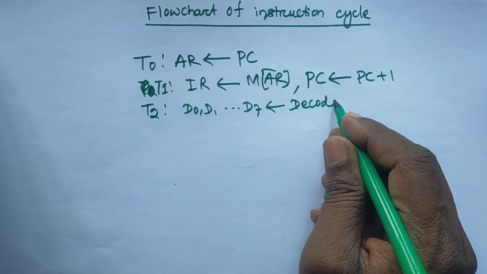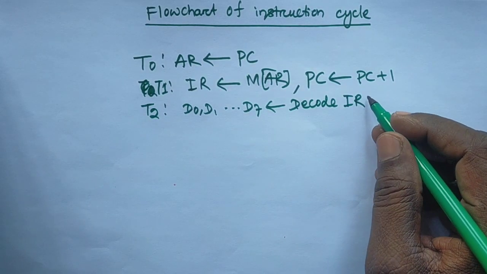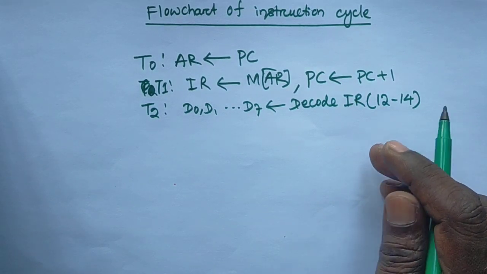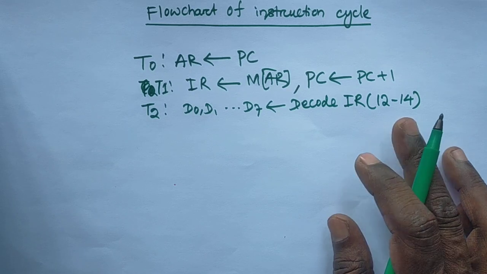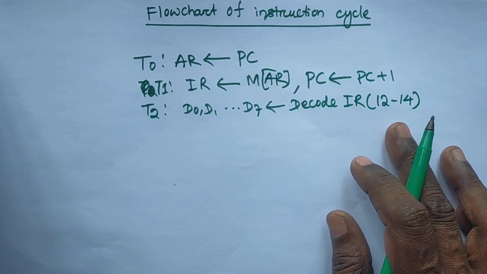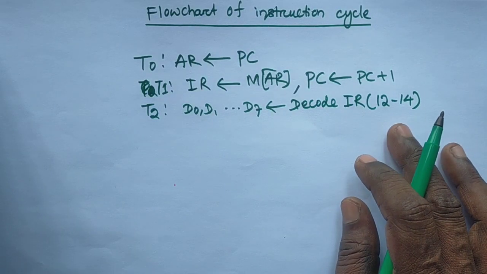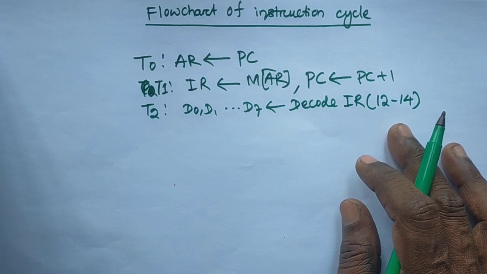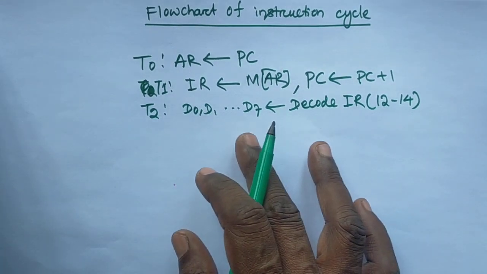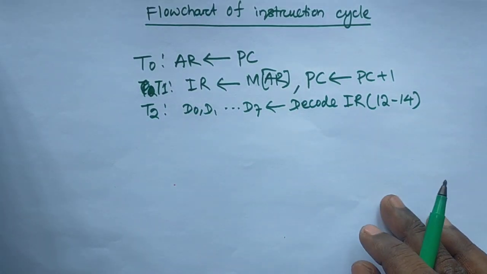That is the decode of IR bits 12 to 14, because this is the operation part that we call the opcode. Since it is 3 bits, 2 to the 3 gives 8 decodes, d0 to d7.